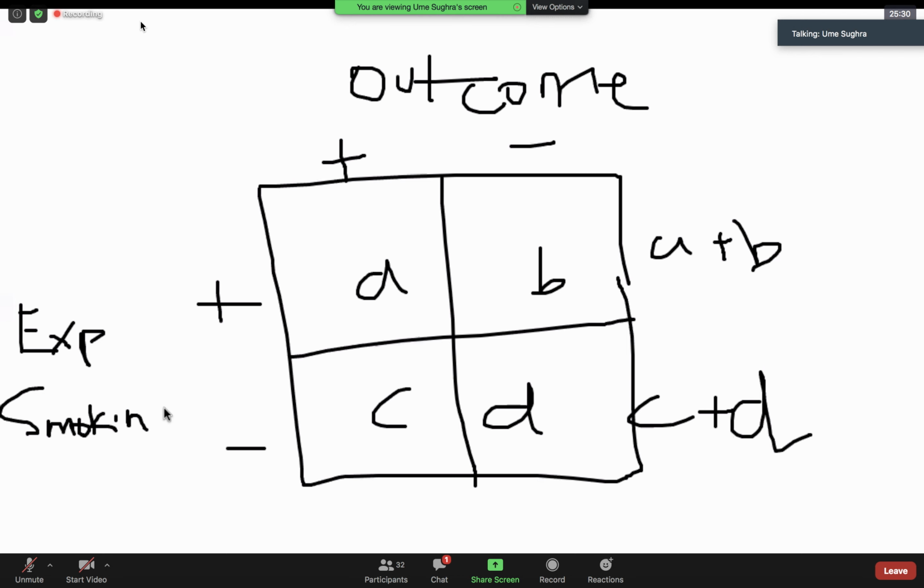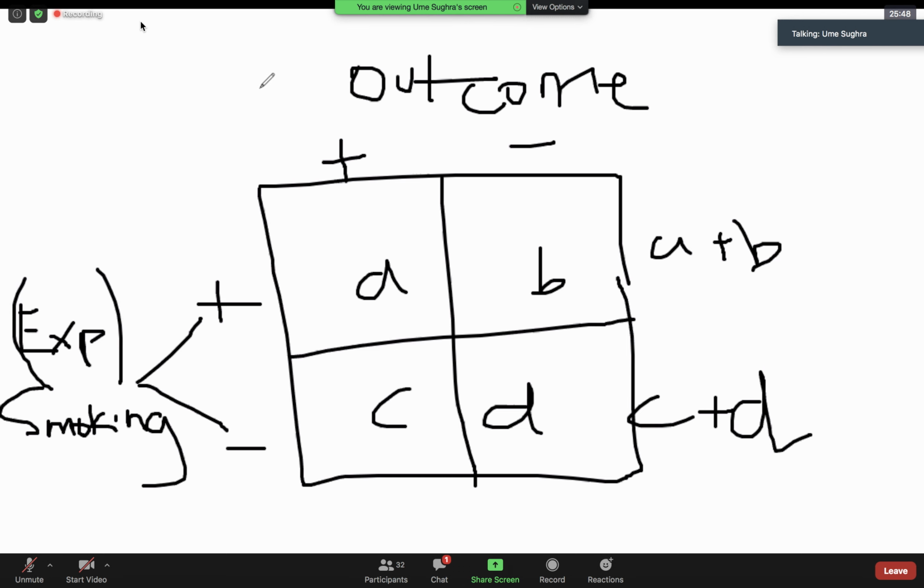So, if smoking is an exposure, what we will do is write down here all those who are smokers, and here all those who are non-smokers. This is what we mean by exposure.